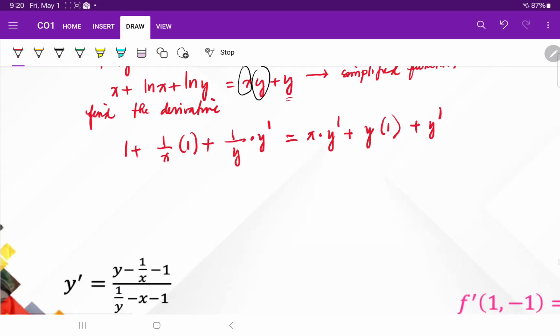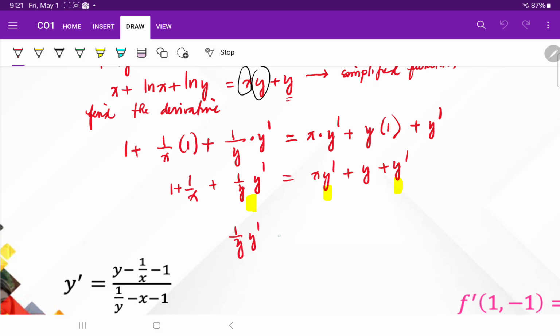So if we simplify, the right side is 1 plus 1 over x. Plus 1 over y y prime. And then we have the x y prime plus y prime. So we group all the terms with the y prime on the left side. So we have 1 over y y prime minus xy prime minus y prime equals all the terms without the y prime on the right side.